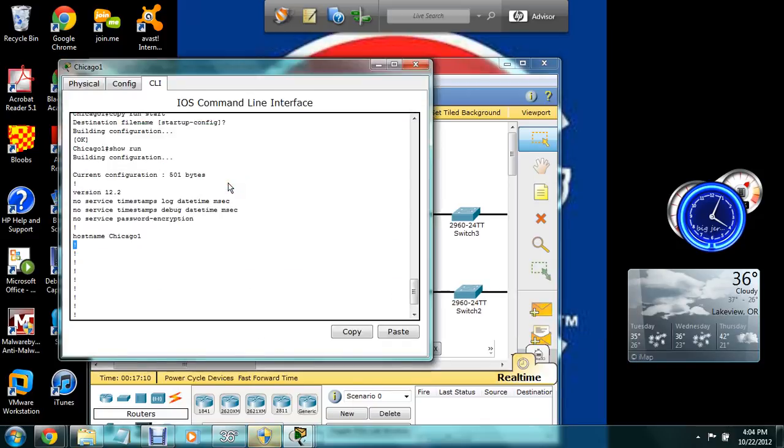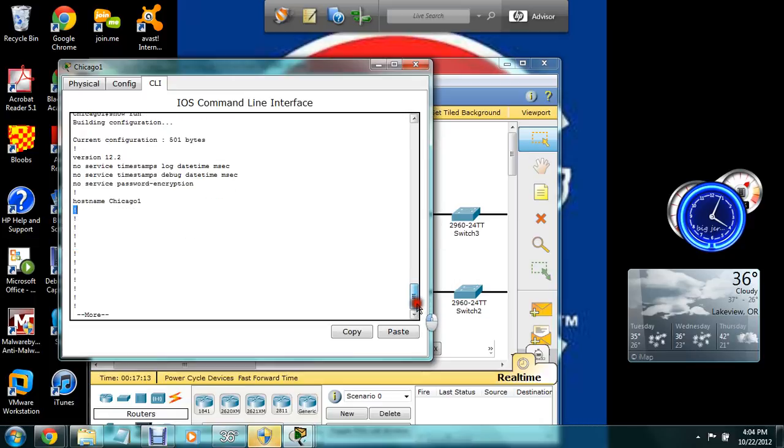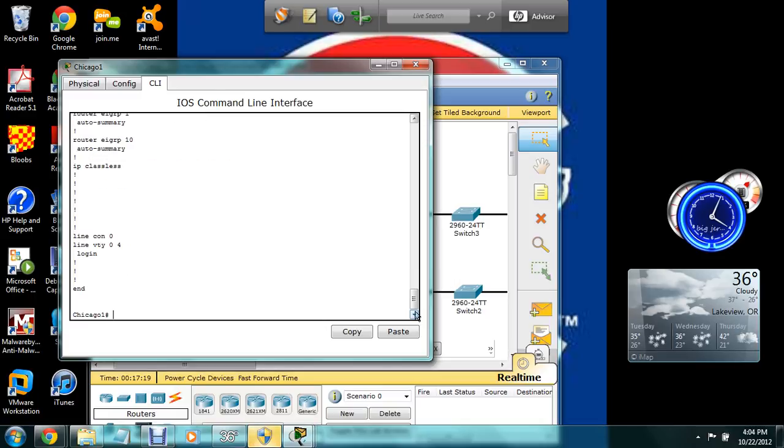Okay, so we'll go router EIGRP 10, and we're going to go network 10.10.254.254.